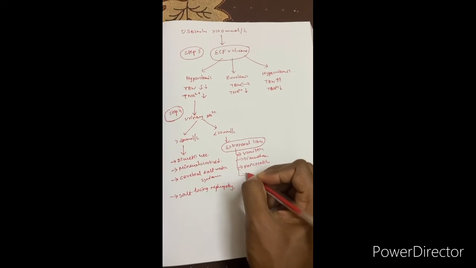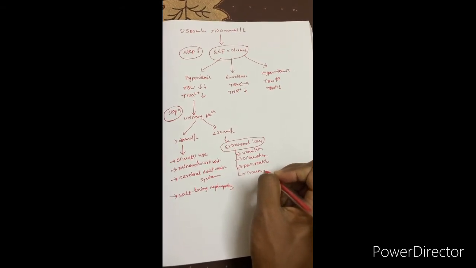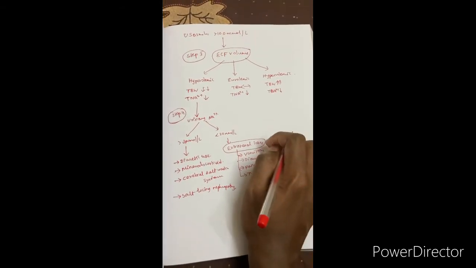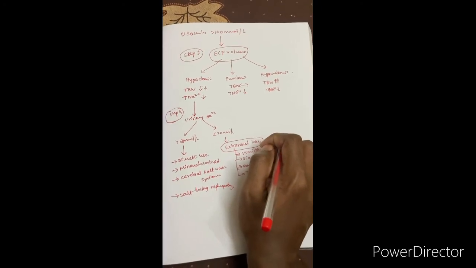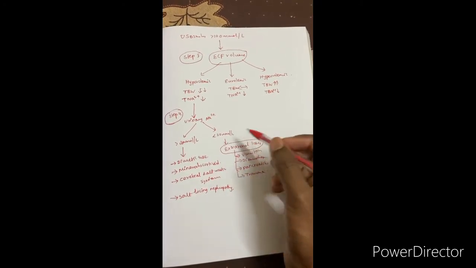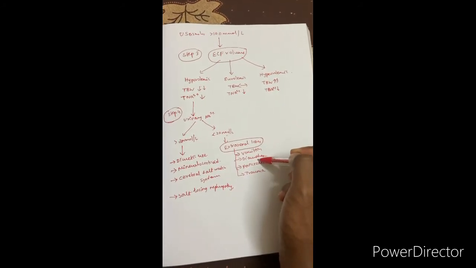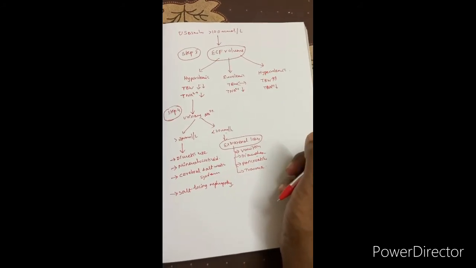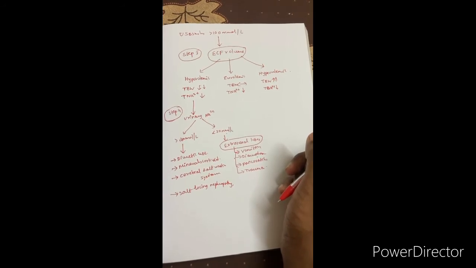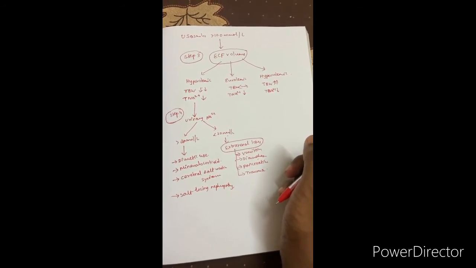These are some of the extrarenal causes which may result in more excretion of the sodium. If the renal loss is less, then you have to suspect an extrarenal cause, and then we have to treat accordingly with the opinion of the gastrosurgeon for further evaluation and treatment.